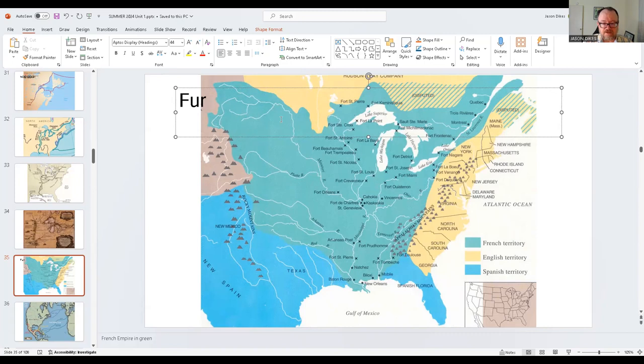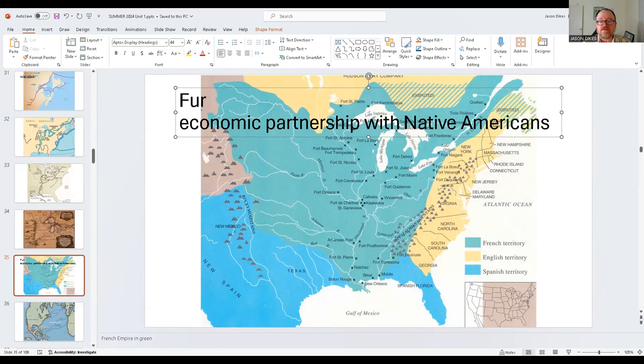Because France is getting fur from the New World, France needs to form an economic partnership with Native Americans. The whole fur trade means that it needs Native Americans. Okay?